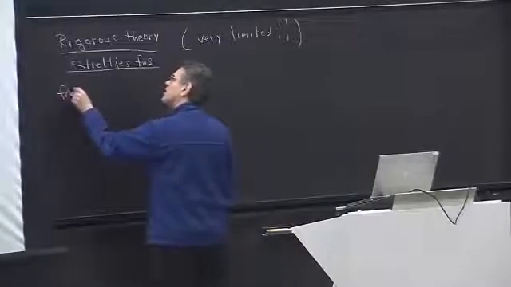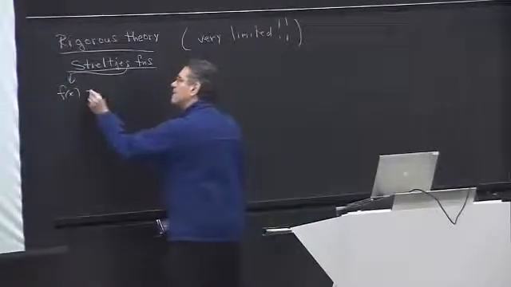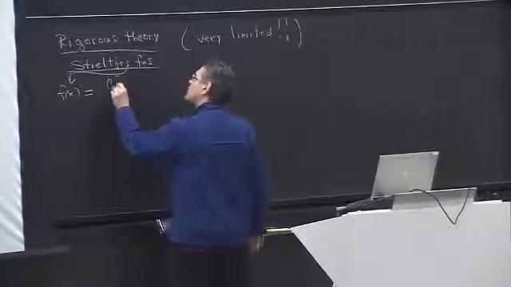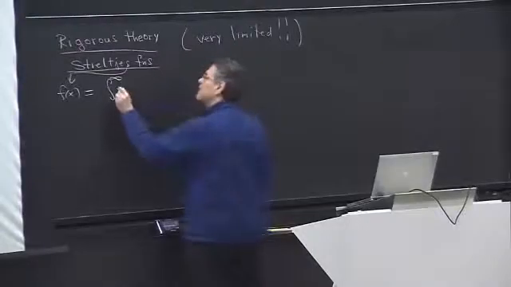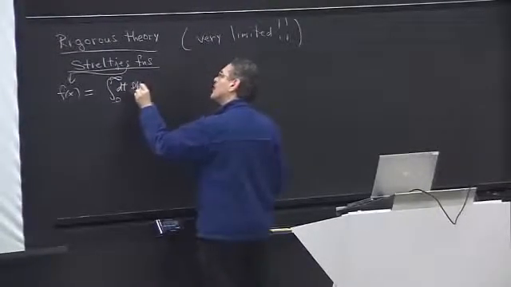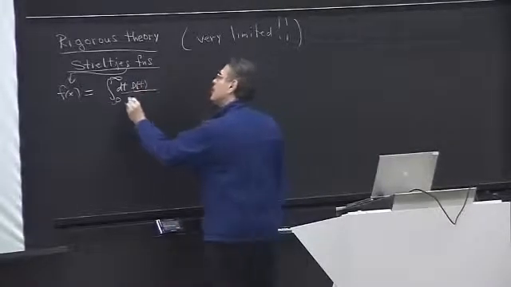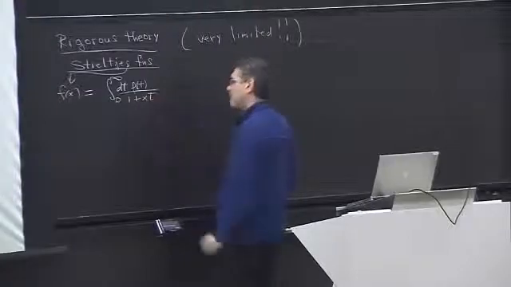f of x is a Stieltjes function if it has the form integral from 0 to infinity dt rho of t divided by 1 plus xt.